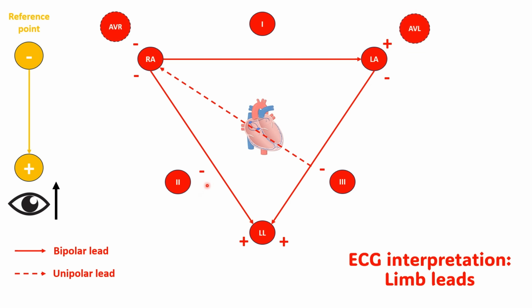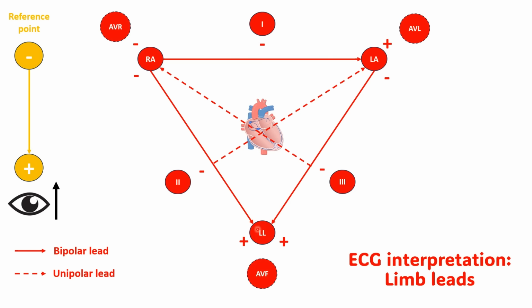Again, we have our negative pole here. This is the voltage being measured between the negative and the positive pole, and this is going to produce the lead AVL. AVL looks at the upper left side of the heart. Again, we have our negative pole.